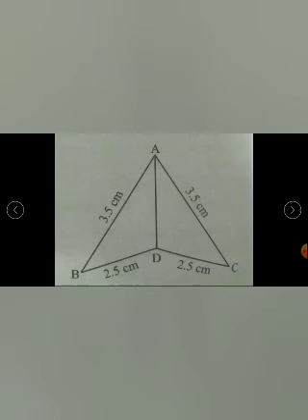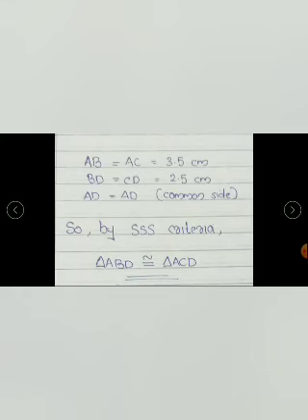That relation should be correct. If you are writing ABD, you cannot write ADC. Clear? If you are writing ABD, the other triangle should be ACD. So in that way, the correspondence should be correct. So the triangle ABD is congruent to triangle ACD.